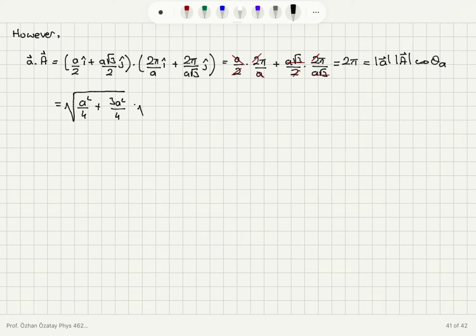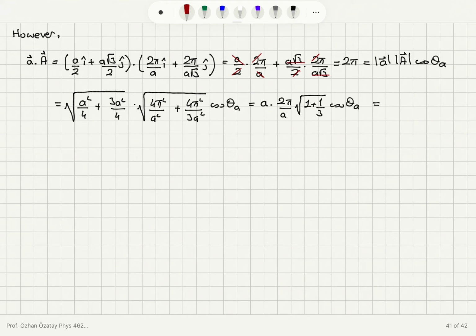Magnitude of capital A vector is square root of 4 pi square over A square plus 4 pi square over 3A square, multiplied by cosine of the angle between them. This has to be 2 pi. The magnitude of the A vector is A. The magnitude of the capital A vector is 2 pi over A, parentheses square root of 1 plus 1 over 3, times cosine theta A.